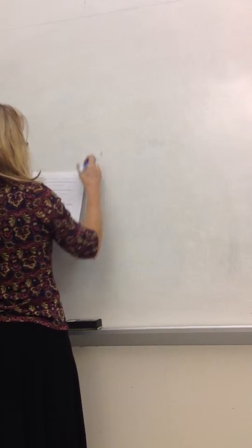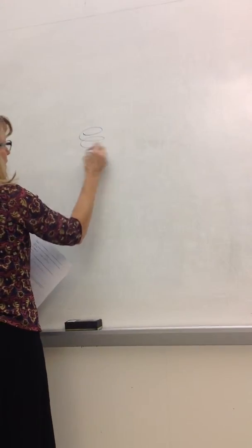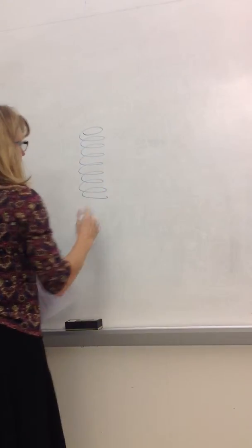Hooke's law says that all springs have a natural length. If you just leave it and don't compress it and don't pull it, it has a natural length.